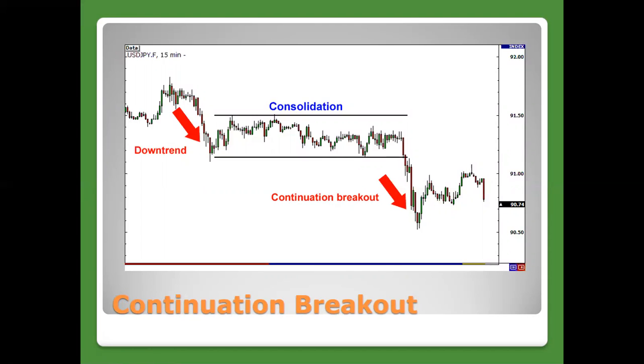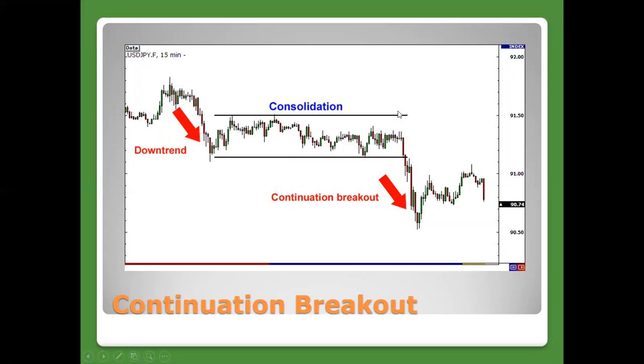This is a period of time when the market has been trending and then starts consolidating. It finds a range and settles into the range. Once the trend starts continuing and takes off again, that is called a continuation breakout.